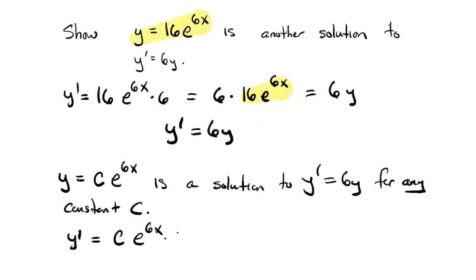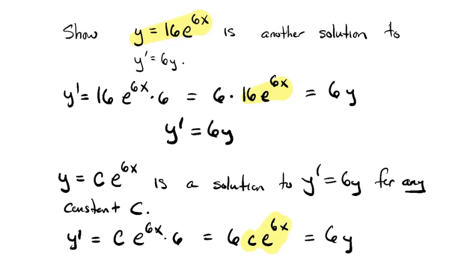The derivative of e to the 6x is e to the 6x times 6. That's c times 6 times e to the 6x. That's c times y. Excuse me, I don't want to edit the video this deep into it, but I did make an error there. I want to rewrite that as 6 times c times e to the 6x, and now I see that that is 6 times y. Sorry about that.